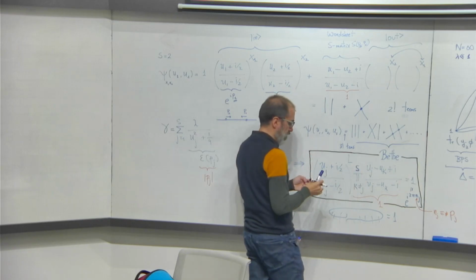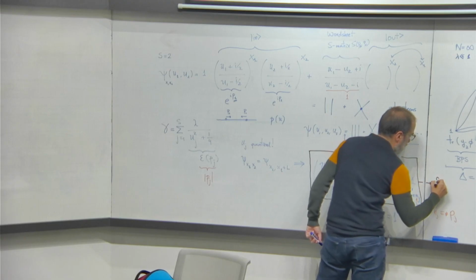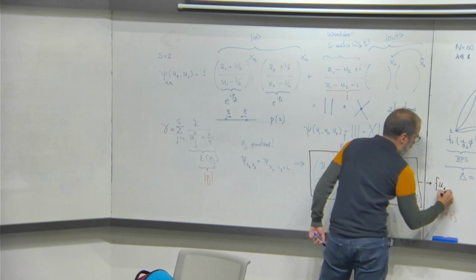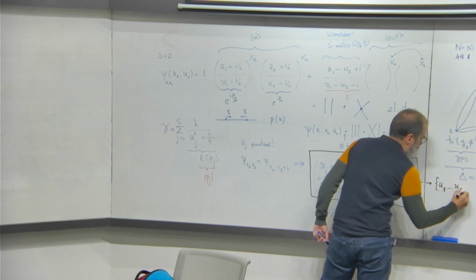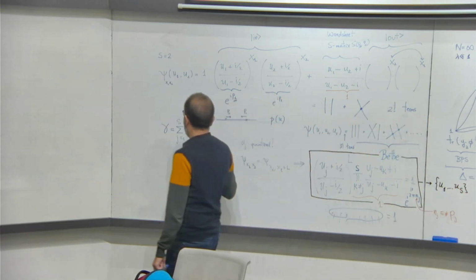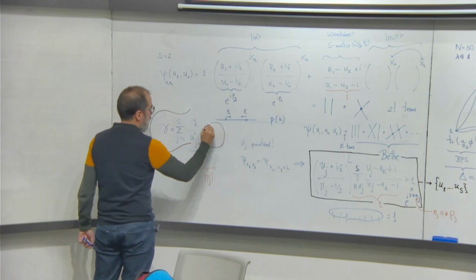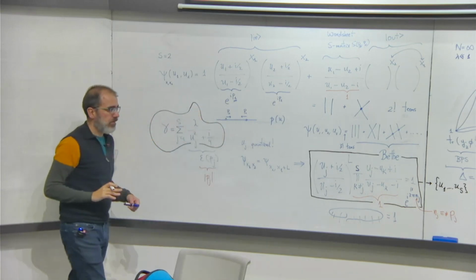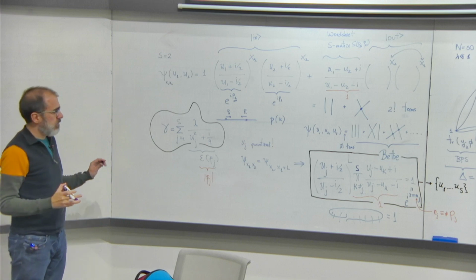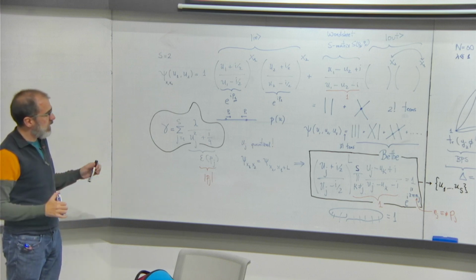I solve these equations, and I get a set U1 up to US. Then I take this set, plug it here, and I get the energy of my state. Okay? And that's it. So that's an example of how I get the spectrum at weak coupling.